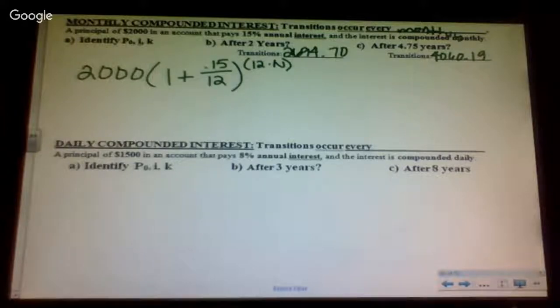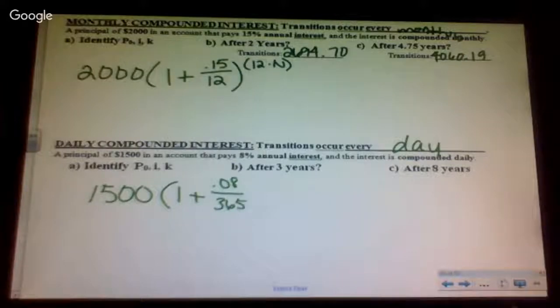Here's the last one, daily compound interest. It's happening every day. So let's look at what this looks like. 1,500 times 1 plus. We're doing 8%, so 0.08 divided by 365. No, we do not count the leap year when we do this.